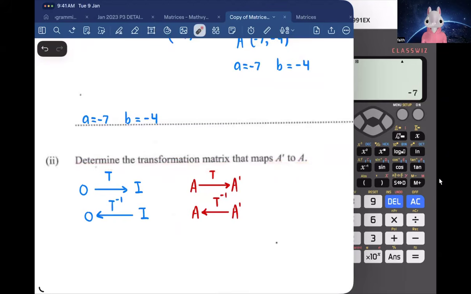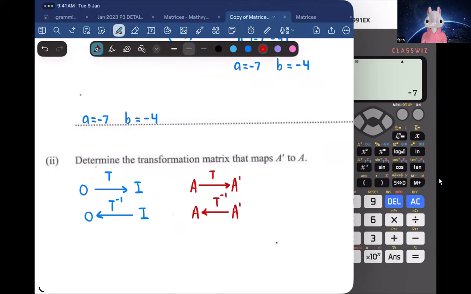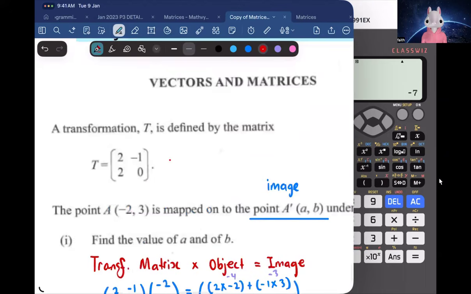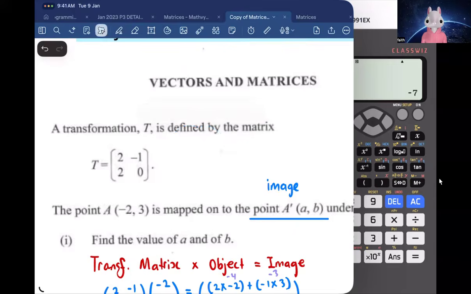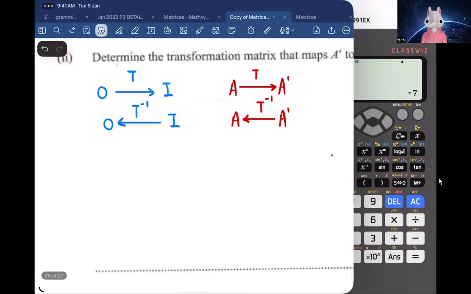So I would have to use the inverse matrix to take me in the opposite direction. So T, which is our transformation matrix, was 2, -1, 2, 0. So I would need to actually figure out T inverse. Do you remember how to find the inverse of a matrix?